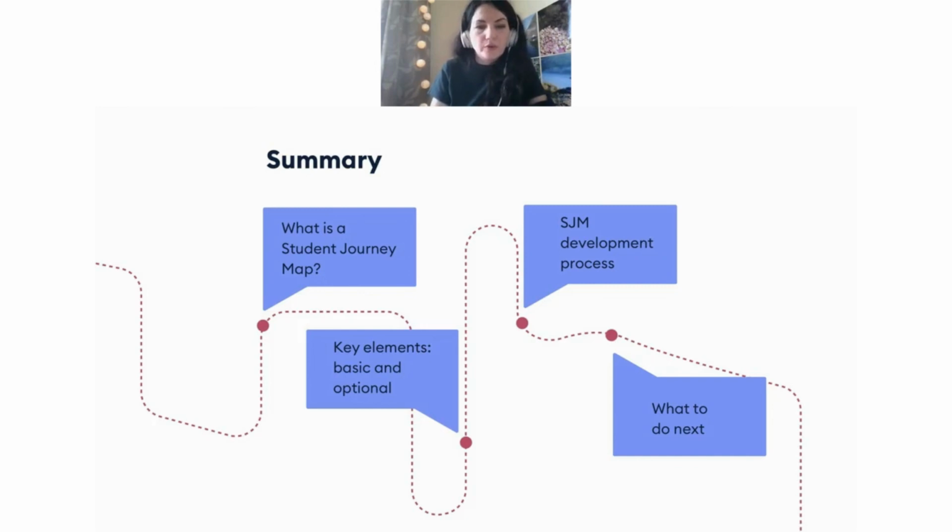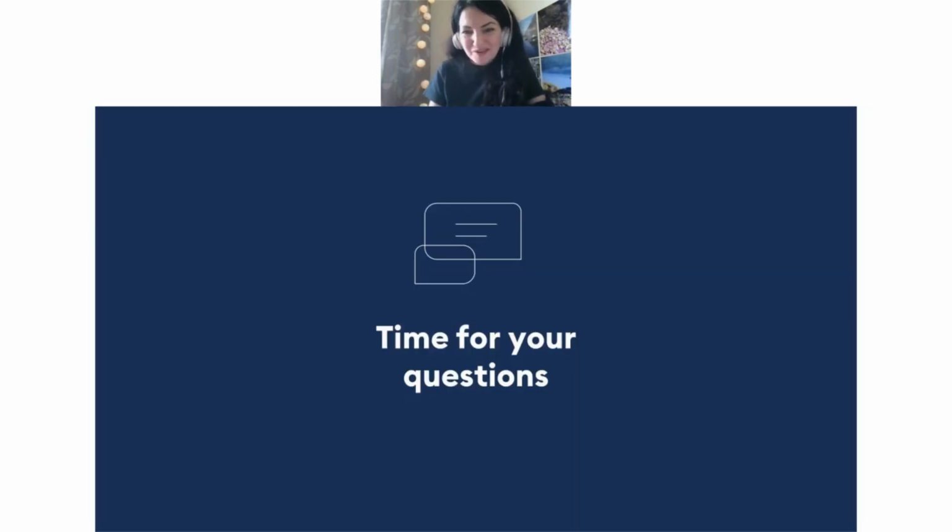We discussed what a student journey map is, which elements are essential, which elements are optional, how to build it, and how to use it when it's done. I hope you think that the student journey map is helpful for your project. Let me know in the chat. I hope you will use it more than before.